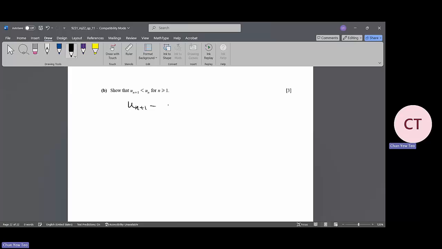We just take U_n plus 1 minus U_n. U_n plus 1 is (U_n squared plus U_n plus 12) divided by 2U_n, minus U_n. Combining them together, this one has to become negative 2U_n squared over 2U_n. So if you combine them, you get negative U_n squared plus U_n plus 12 divided by 2U_n.